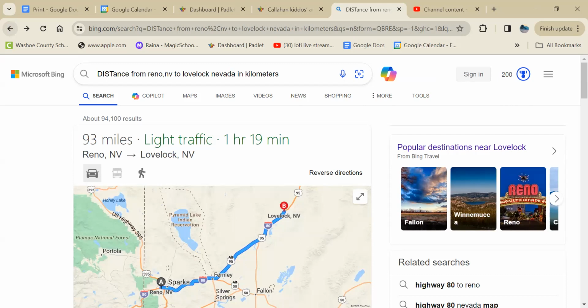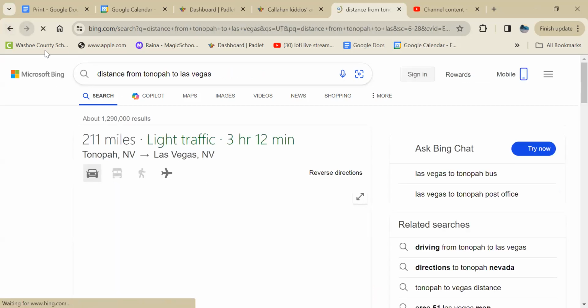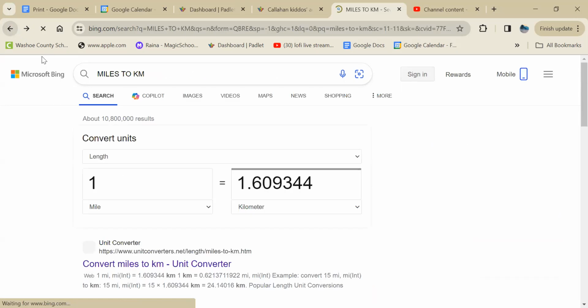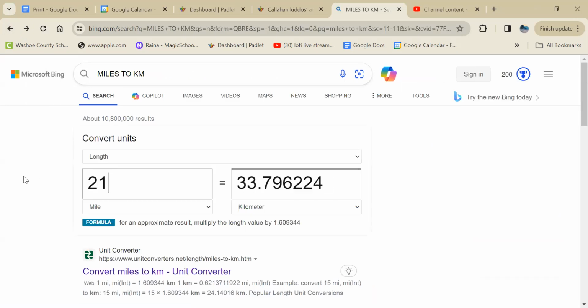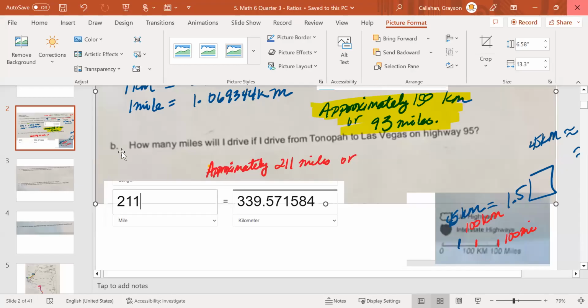Or if I change that miles to kilometers, (339.57 kilometers). Okay. So that's what you have, right?